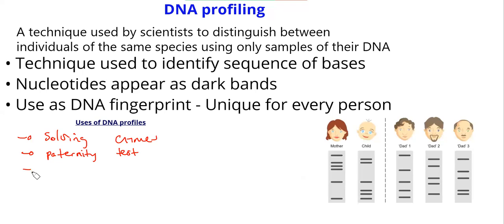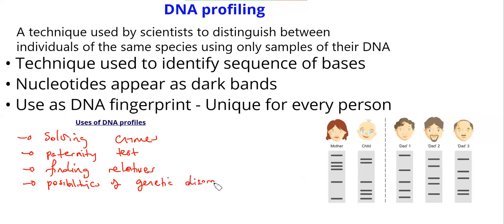Another thing you can use DNA profiling for is finding relatives. And lastly, there is the possibility of checking for genetic disorders. You can check if you have a high chance of carrying certain recessive harmful alleles. That's the possibility of genetic disorders.